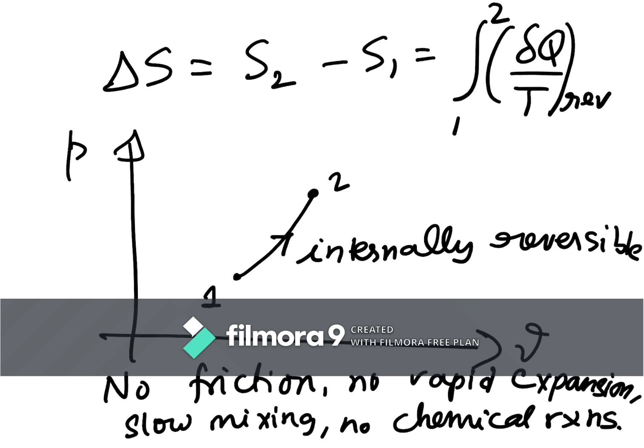An internally reversible process is an idealization of what takes place in reality. So for a process which can be considered internally reversible, delta S is the integral from 1 to 2 of delta Q over T reversible.